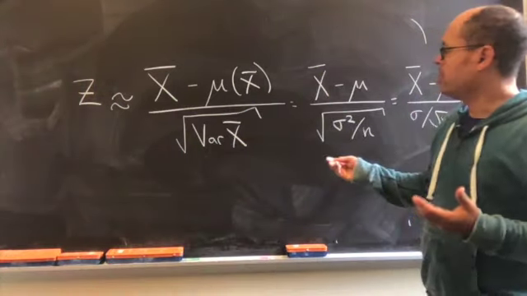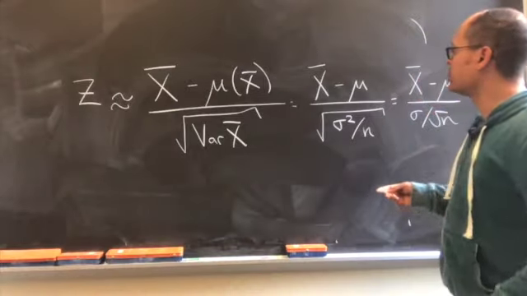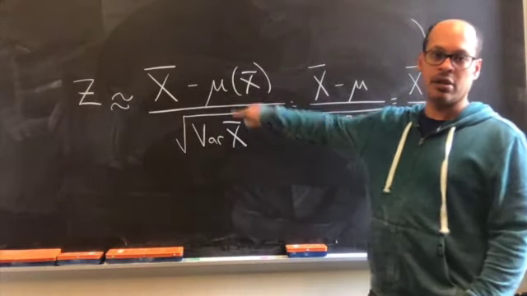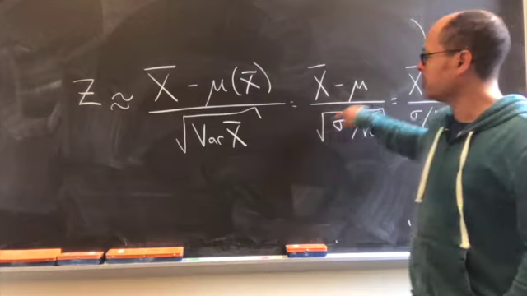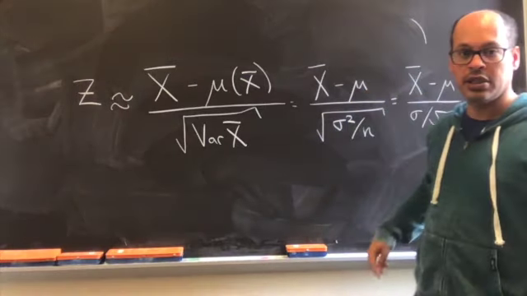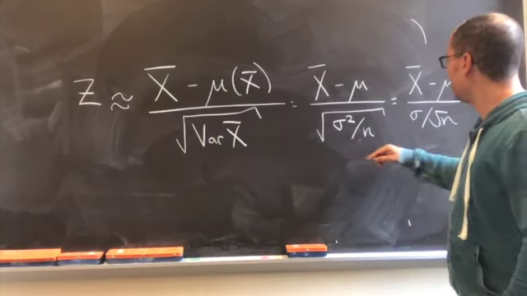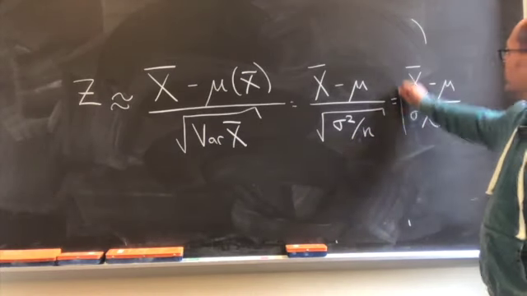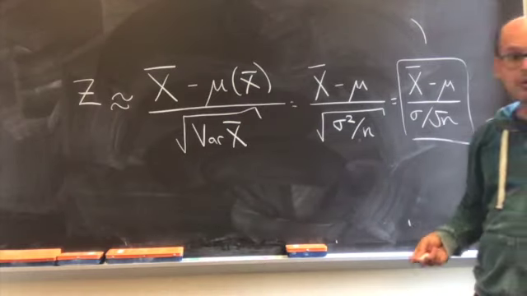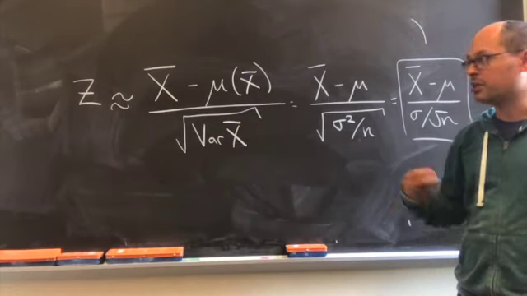For our particular case, the mean of the sample mean is the mean of the population, and the variance of the sample mean is the variance of the population divided by n. And that tells us that this quantity right here is a standard normally distributed random variable.